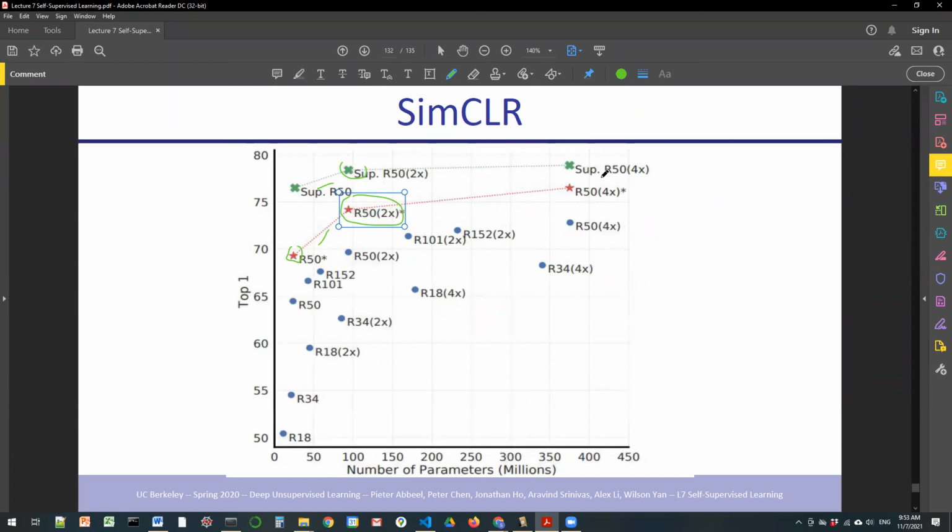This is much flatter than this. So, thinking of it in terms of what the network learns in the embedding, what this seems to suggest is that increasing the width is helping unsupervised ResNet networks a lot more than it does for supervised.